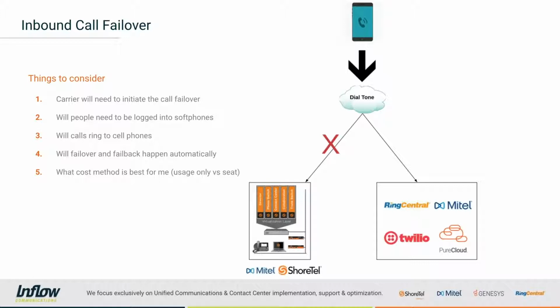You take your customer calls. But what happens if your dial tone goes down, you lose power at the building or something like that, and your carrier can no longer deliver that call to your ShoreTel MiCloud system? That's where the cloud can come in. You can have your carrier forward the calls over to a cloud-based solution.